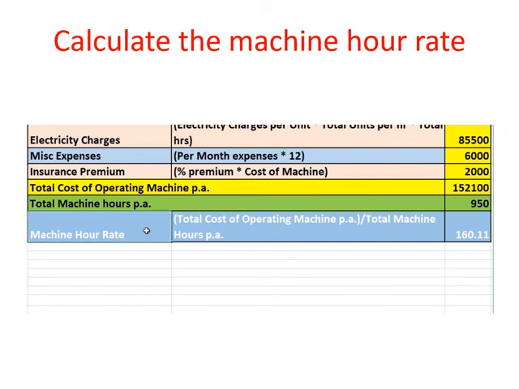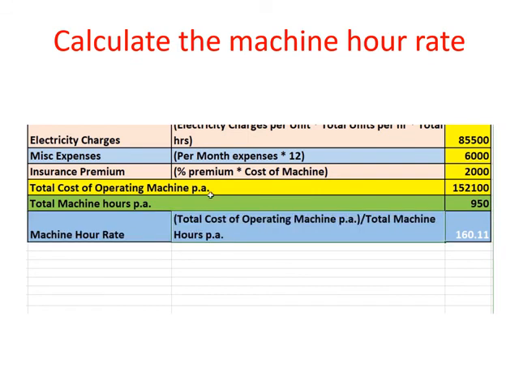So finally we are calculating machine hour rate. The formula for machine hour rate is total cost of operating the machine per annum divided by total machine hours per annum, which is equal to 1,52,100 divided by 950, you get 160.11. So this is how you have to calculate the machine hour rate.